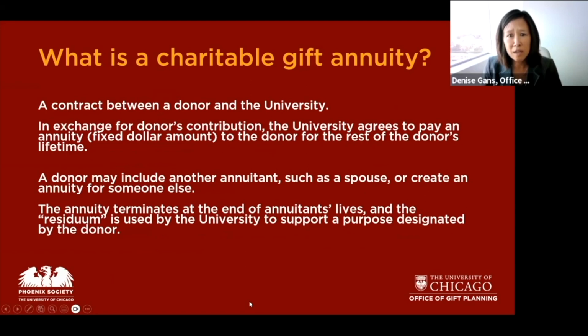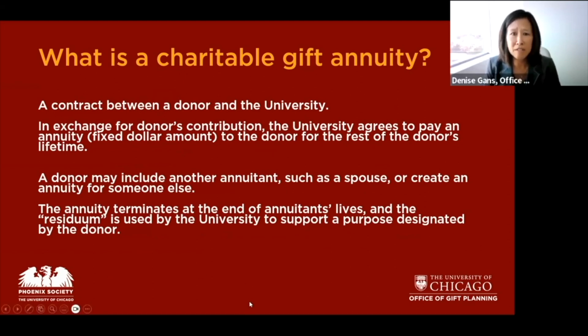The annuity contract terminates at the passing of the last surviving annuitant, and it's at that point that there will be a residuum left in the contract. The residuum is what remains of the original contribution that the donor has made, which has been invested by the university over the life of the annuity.